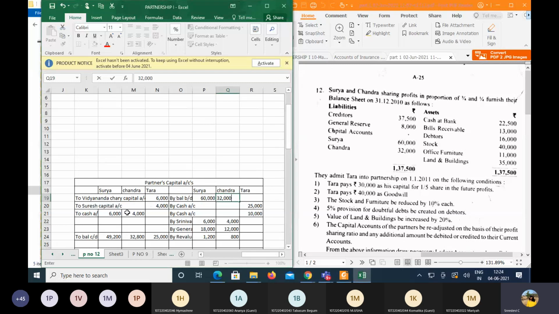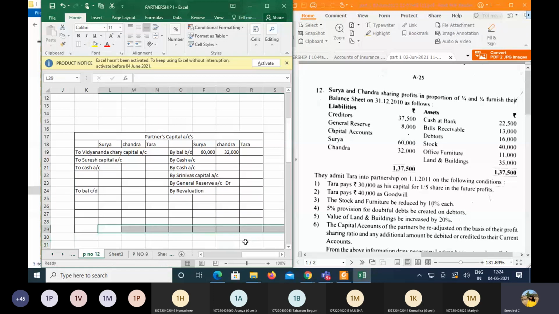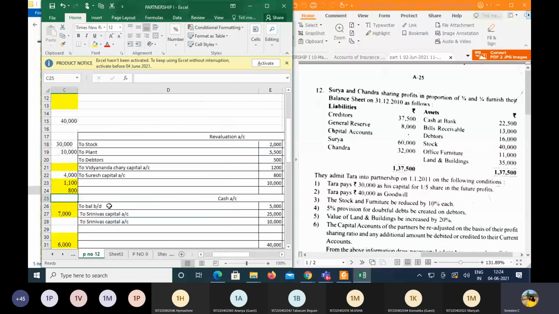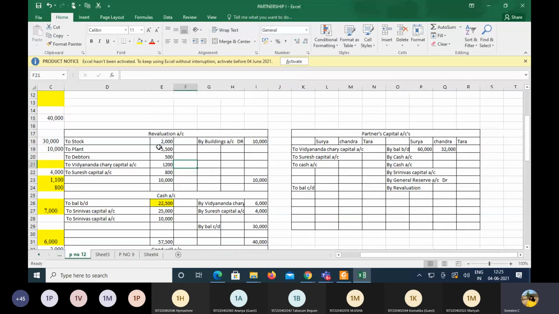Then we also have the cash balance and the cash account here, to balance brought on as 22. That's all I need to delete. Just a minute. So, the revaluation.